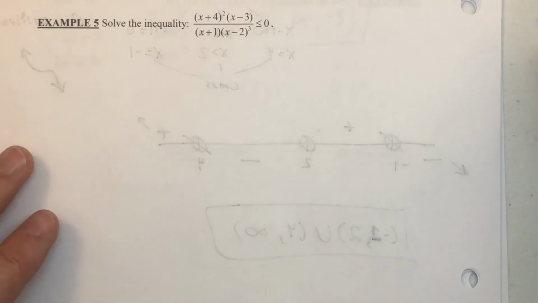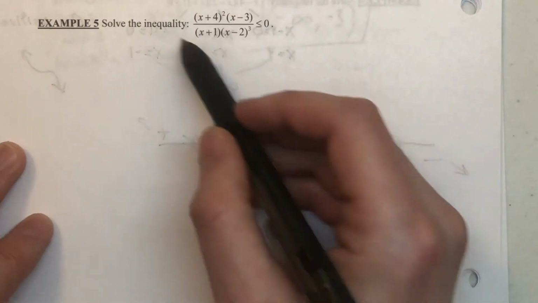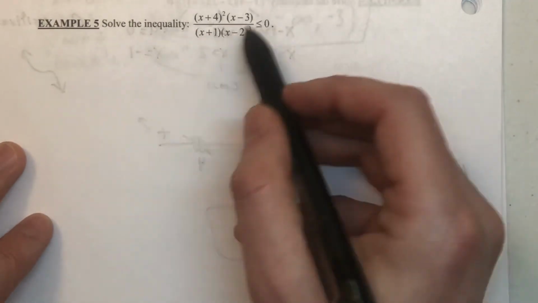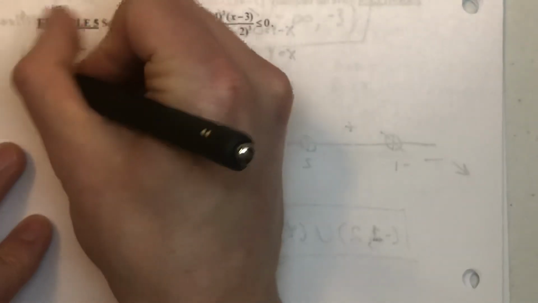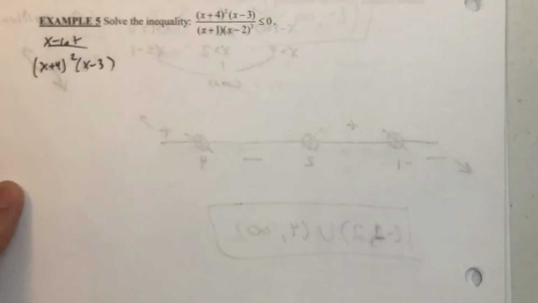So our first example, already nicely factored for us. So we've got two things, right? We've got the x-intercepts up here. We've got vertical asymptotes down here. That's the biggest thing you've got to pay attention to. Because for x-intercepts, that's coming from the x plus 4 squared and the x minus 3.